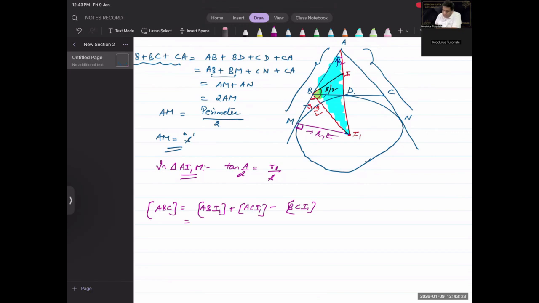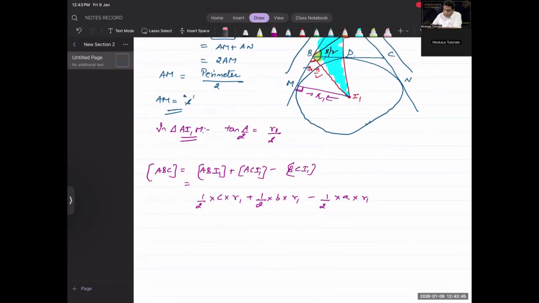So ABI1, if you notice, is half into base into height. So this is half into base AB, which is c, and the perpendicular distance will be R1, plus half into b into R1, minus half into a into R1.